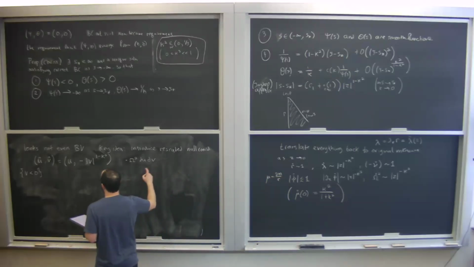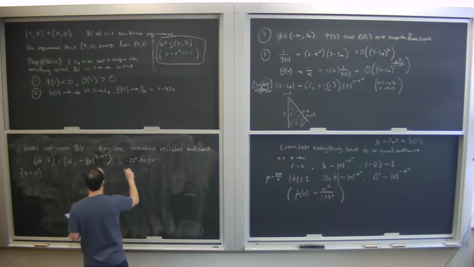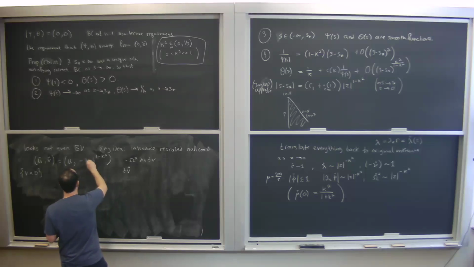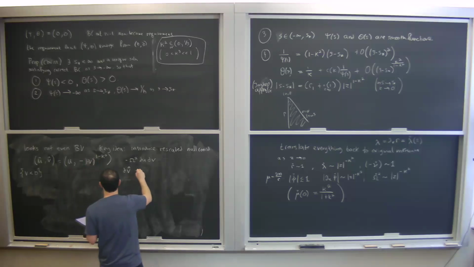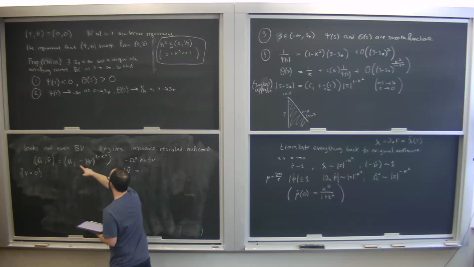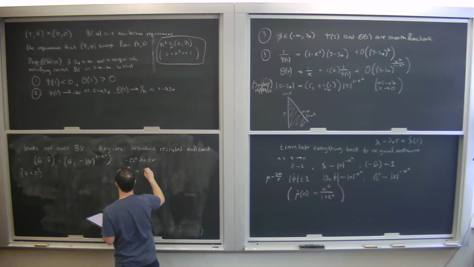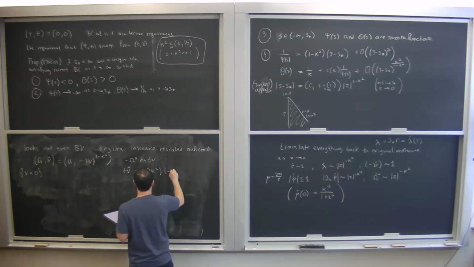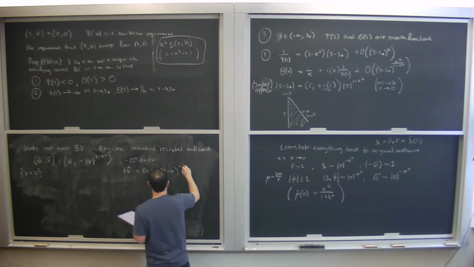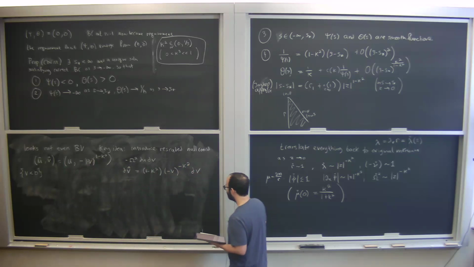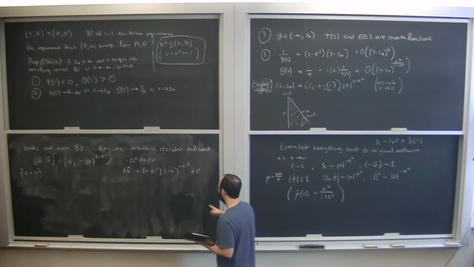So from this formula we see that, of course, I'm going to write it like this. It's very easy to make a minus sign mistake. So dV will be, right, you're going to get 1 minus k squared times this to the minus k squared dv, right?